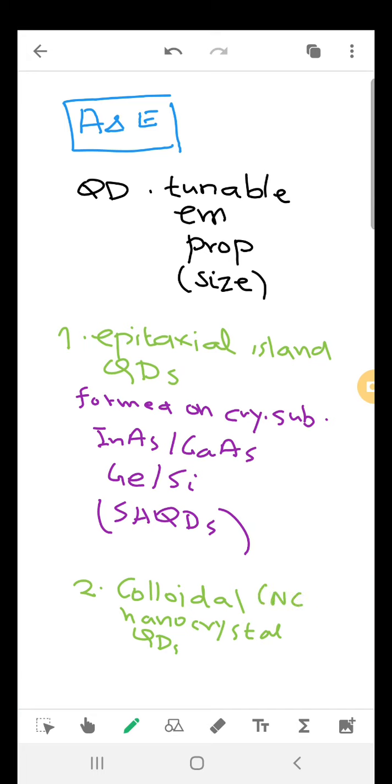Now, self-assembled quantum dots have been incorporated in ultra low threshold and high speed lasers.